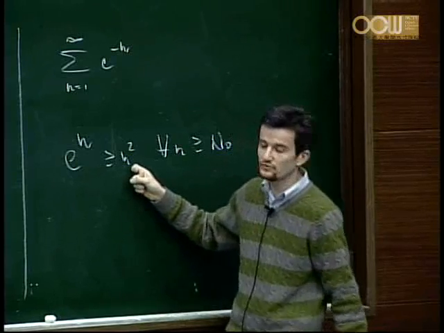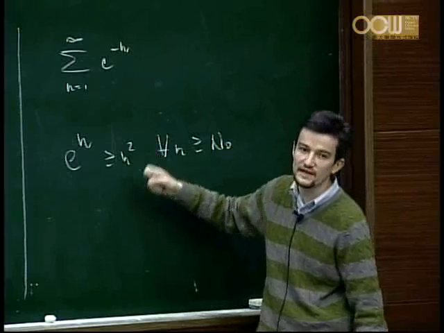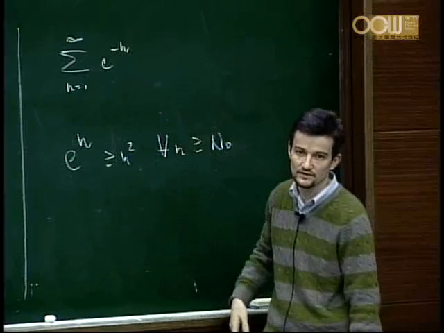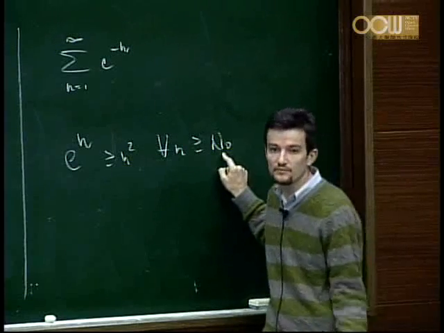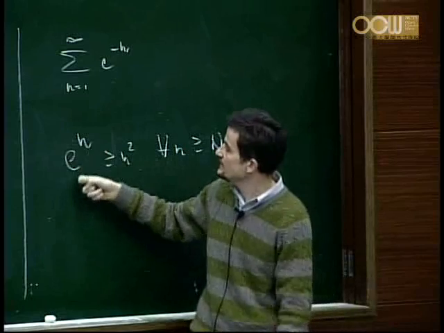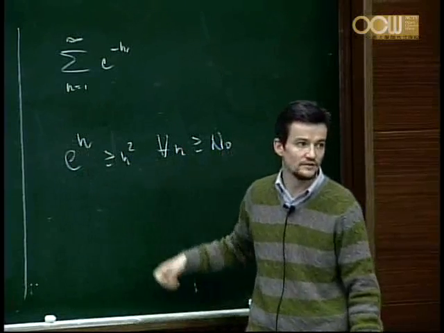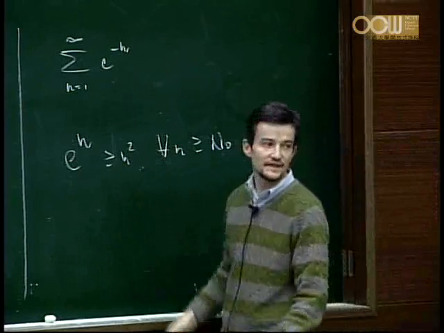The choice of n squared is more or less arbitrary. I can also choose n to the 3, n to the 5, or n to the 100. If I choose another power, this number might get much larger, because it takes some time till e to the n overtakes the power. But we know that this is satisfied here.